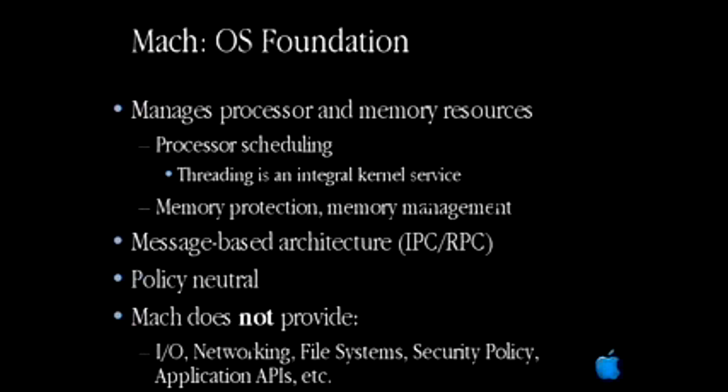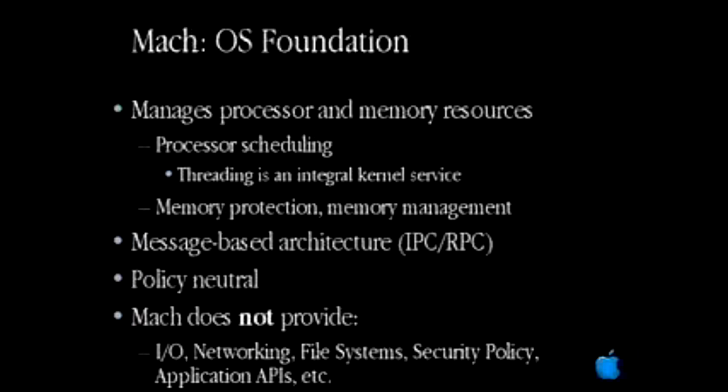And this is particularly important because as you write applications that are multi-threaded, the threading services and the scheduling is handled by the Mach microkernel itself. It also is responsible for memory protection and memory management, including handling things like backing store for VM. All of that is managed by Mach.